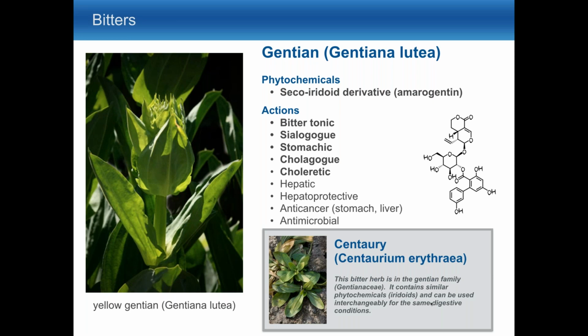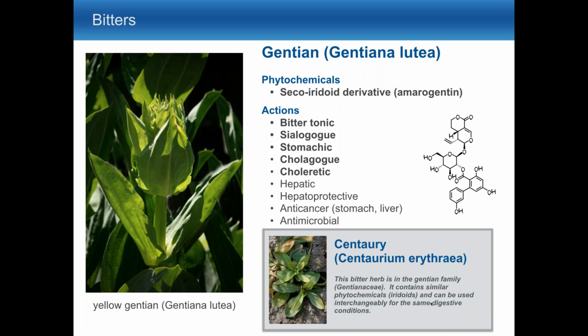Now, another herb I'm going to mention is called Greater Centaury, Centaurium erythraea. That herb is in the gentian family. So, the Gentianaceae family has gentian, so yellow gentian, but it also has some of the ones in Asian medicine that I mentioned earlier on.